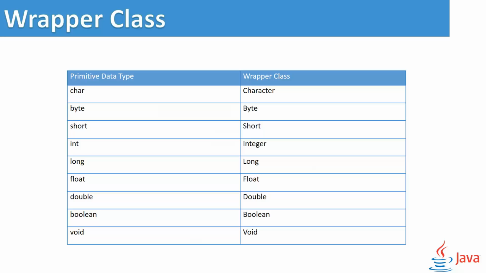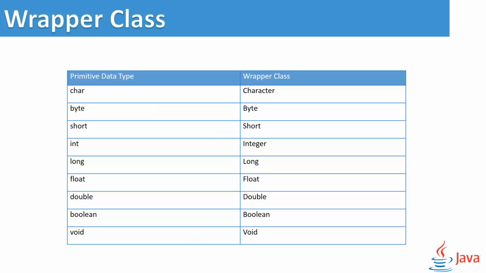Objects have their own qualities like relation and hierarchy. That hierarchy and relation are often used in data structures, or we can say in collections. Collection is a very important topic of Java. For this reason, wrapper classes have been used by the designers of Java.